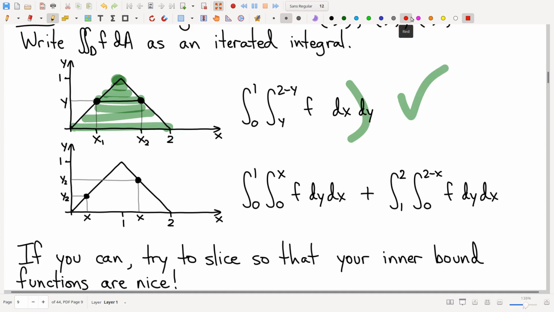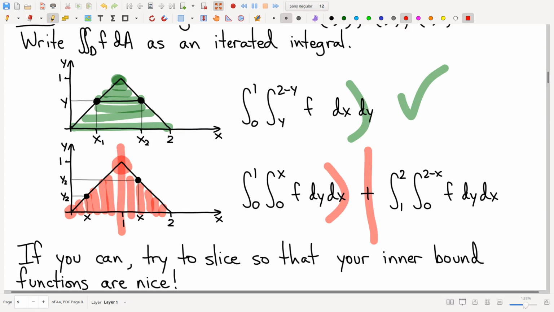Whereas, on the other hand, doing my x slicing first, I start at a corner, again, no issue, but as I proceed along, I slice through a corner right in the big middle of my range of values of x. That's why I have to stop and start a whole new integral as I proceed. So, nice little simple, pithy little rule. Try not to slice through corners.